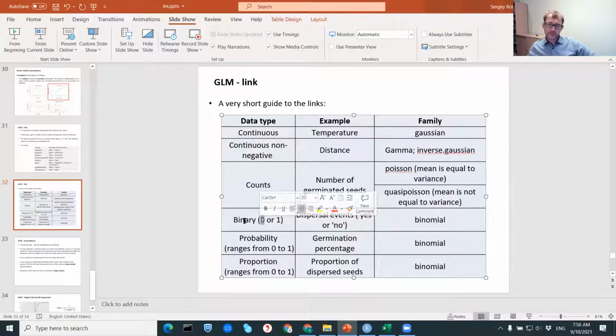We might also work with binary data, for example dispersal events, where the seeds were dispersed or not, where the seeds germinate or not. Germination percentage is a probability, so it always ranges from 0 to 1. And also proportions. For the last three data types, you most likely need to use GLM with a binomial link.